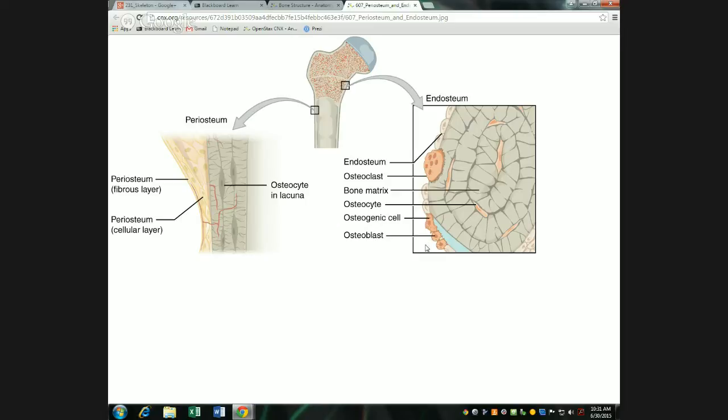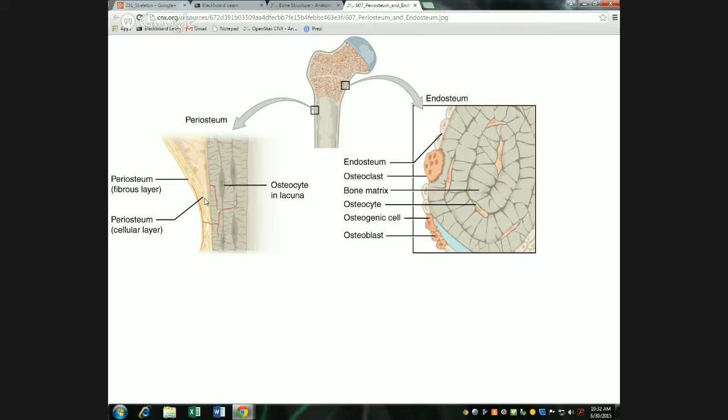We always see osteoblasts on the outside edge of bone tissue. So here we're looking at the outside edge of part of a spongy bone spicule. There's also going to be osteoblasts, or the book will probably call them osteogenic cells, on the outside surface of compact bone tissue. Always on the outside. They're building the bone out.